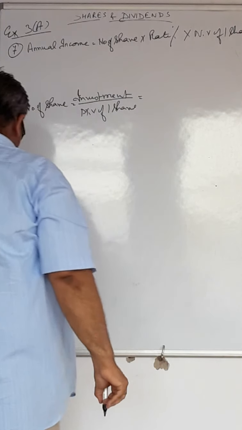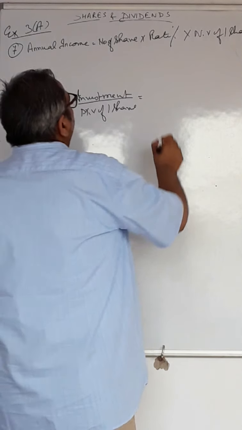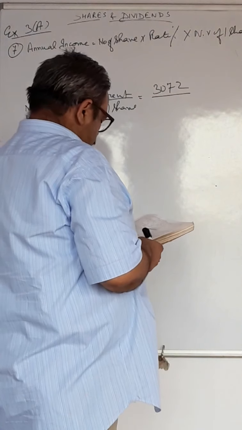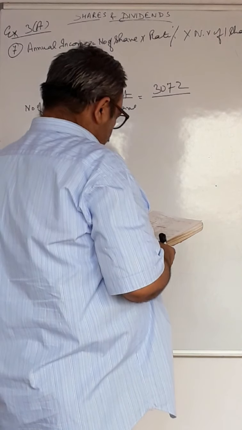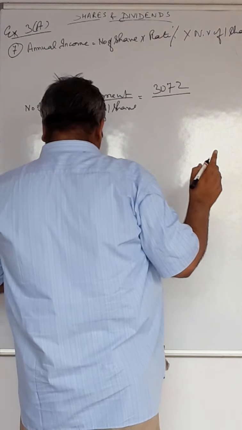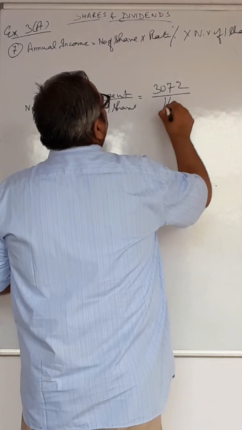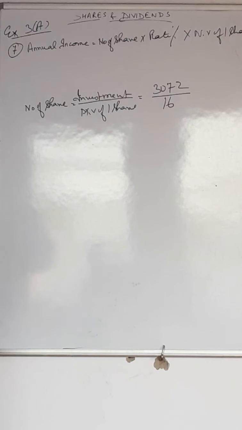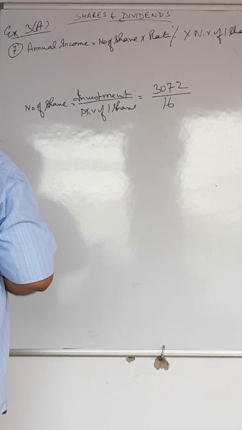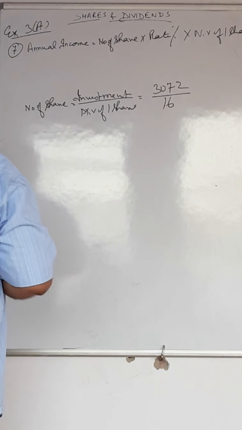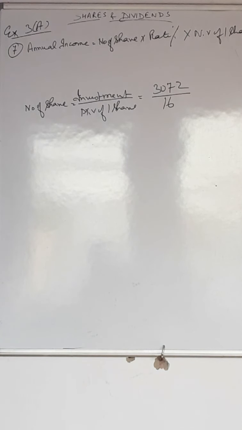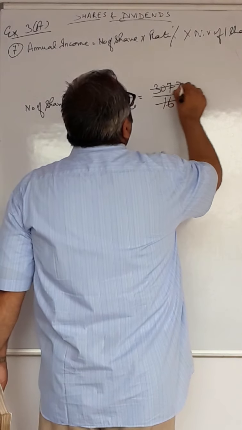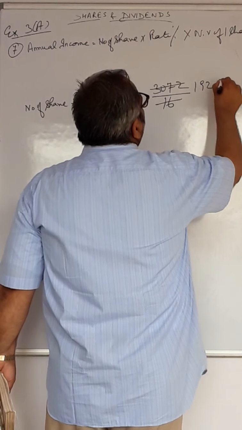Investment is 3072 over 16 rupees. Please check that this investment I have written is correct, and the market value is what he has bought from the market. He will get 192 shares.